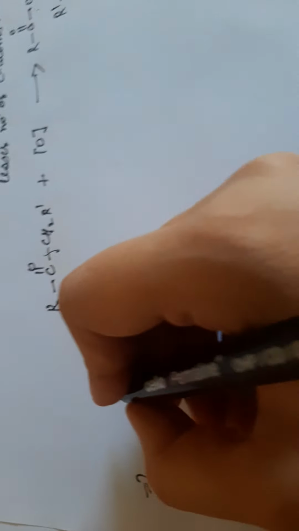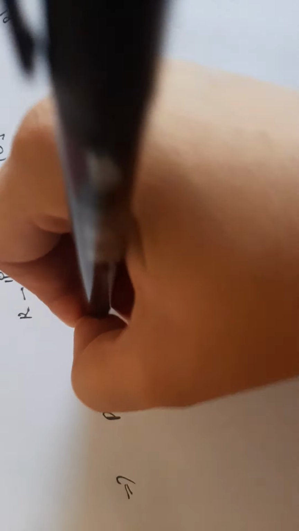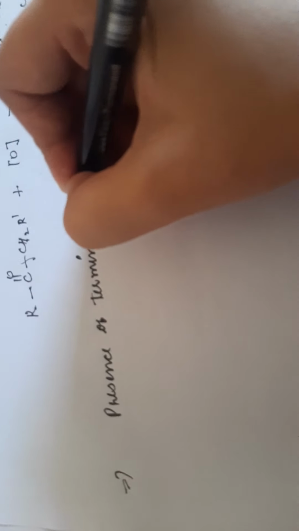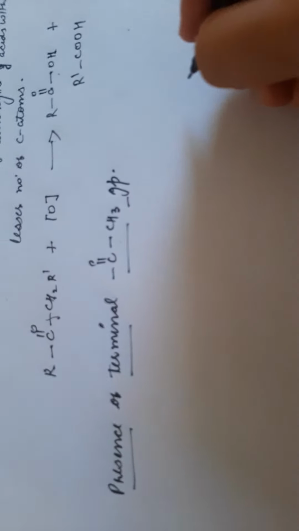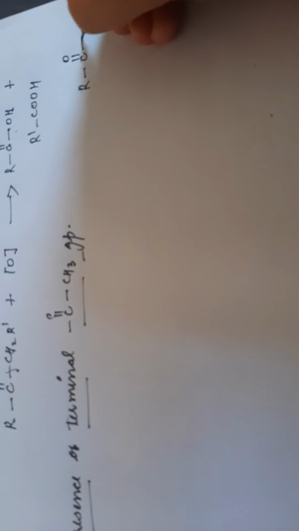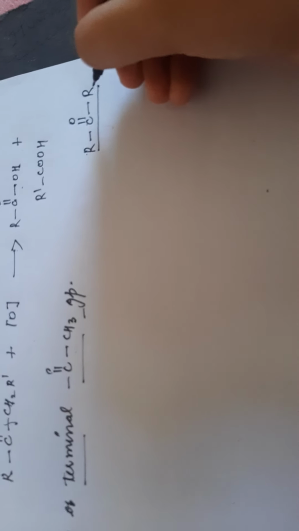That is, our next step is to determine the presence of a terminal C double bond O CH3 group, because the ketonic group may be the terminal one or the non-terminal one.